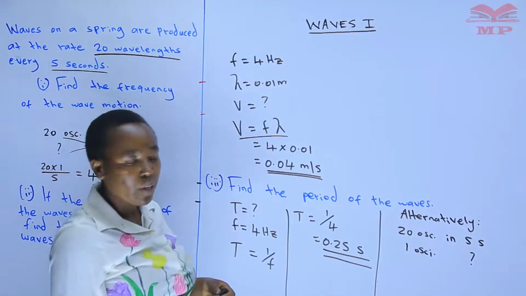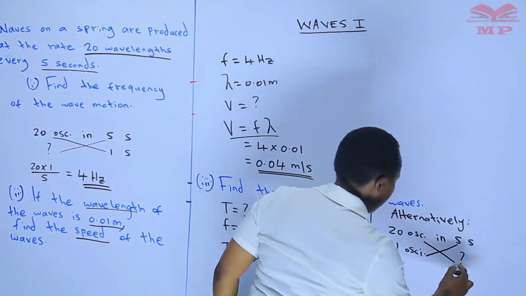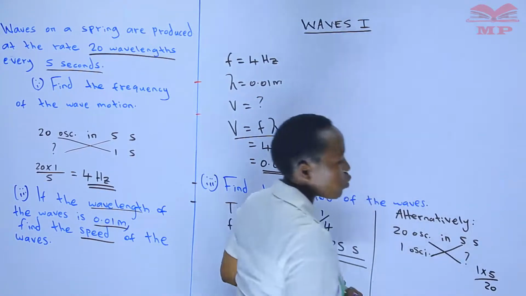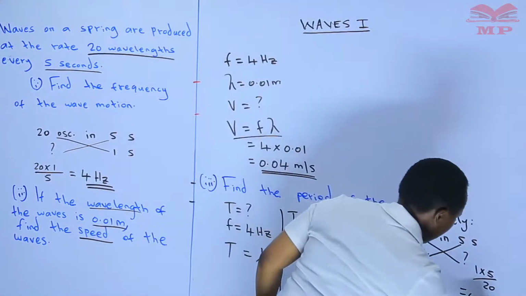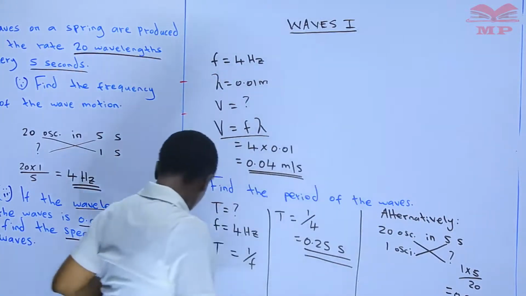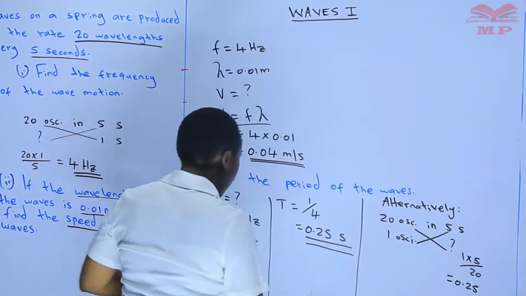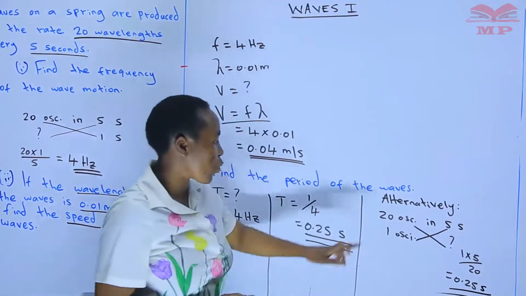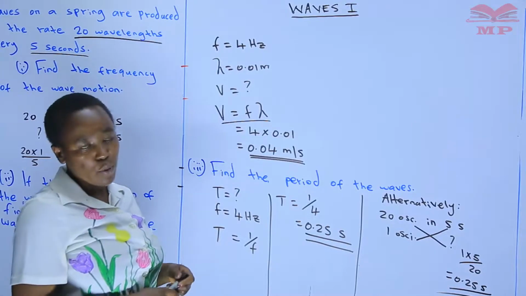Because that is the periodic time. So we just cross multiply: 1 times 5 all over 20, which is 5 over 20. 5 over 20 is the same as 1 over 4, which is 0.25. That is the periodic time, and therefore it's in seconds. So you can approach it in this way or in the other one where we have used the formula.